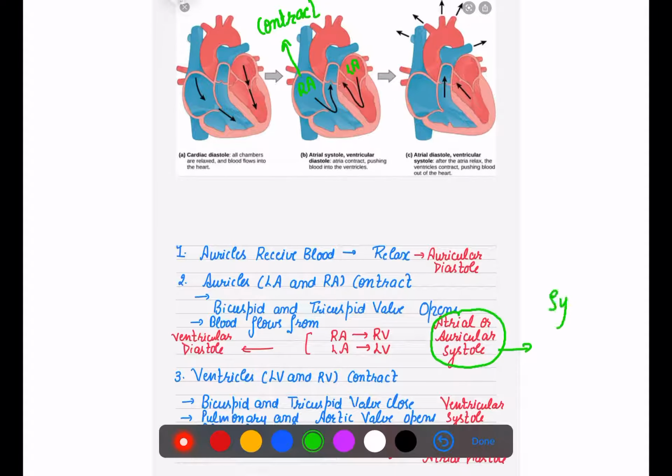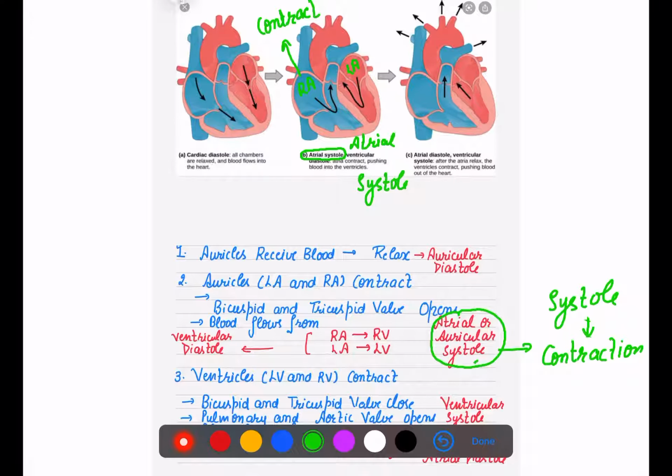Systole word is used for contraction. So when auricles contract, that is known as atrial systole, or it can also be written as auricular systole.